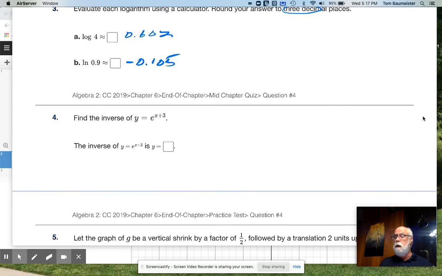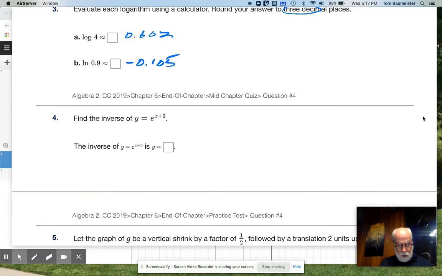Okay, remember, to find an inverse, what you're going to do is change the x and the y. So we're going to say x is equal to e raised to the y plus 3 power. Now remember, I have to bring that y down. How do I do that? Well, I have an e there.